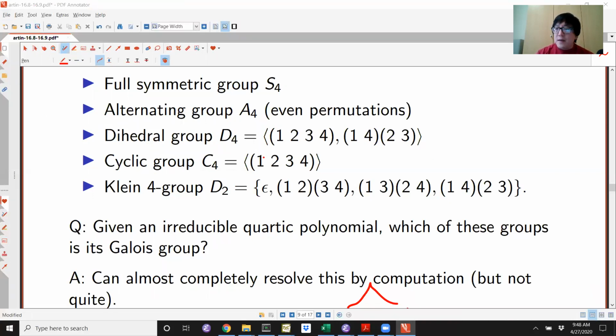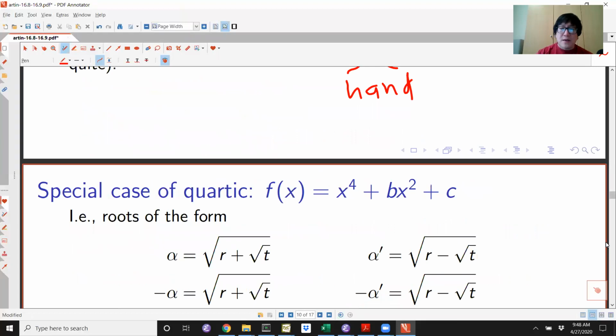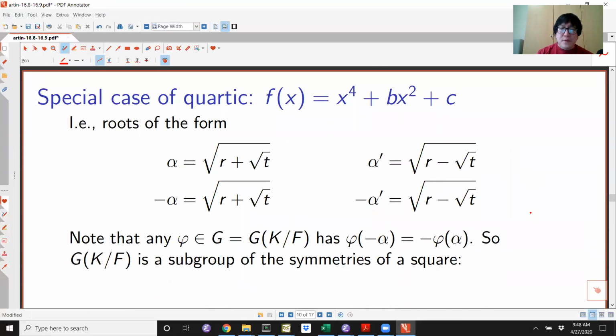And now we will actually look at this case, which, as I hope you saw in the reading, is the special case of this quartic here. This is a special case where you can resolve everything by computation, which you will figure out exactly in your homework. You'll figure out the right theorem and prove it.